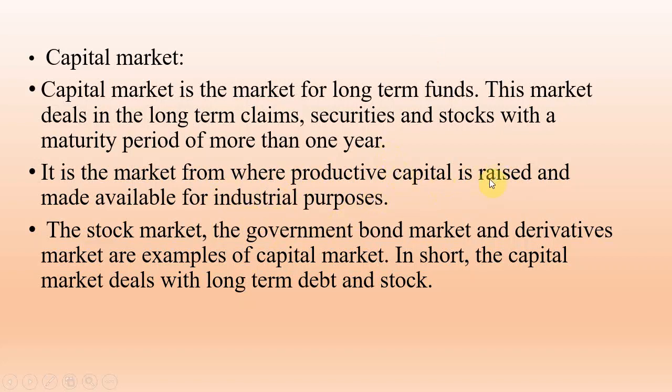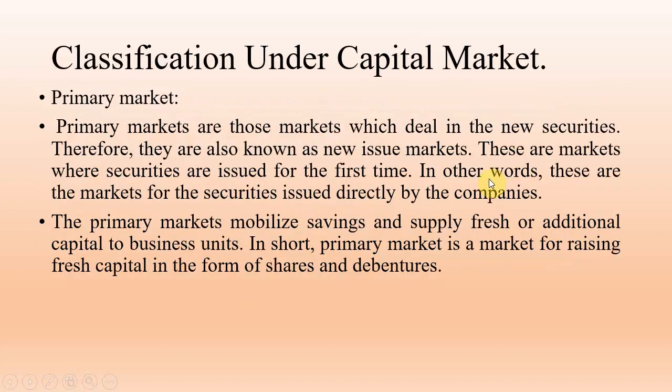Classification under capital market is primary market and secondary market, as we studied first in our diagram. Primary markets are those markets which deal in new securities. Therefore, they are also known as new issue markets. These are the markets where securities are issued for the first time, directly by the company.